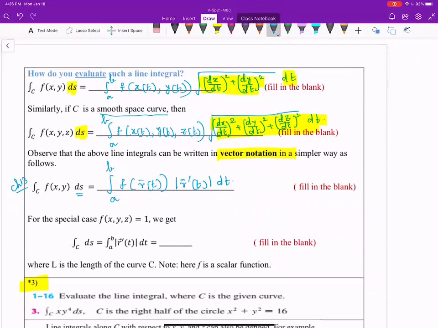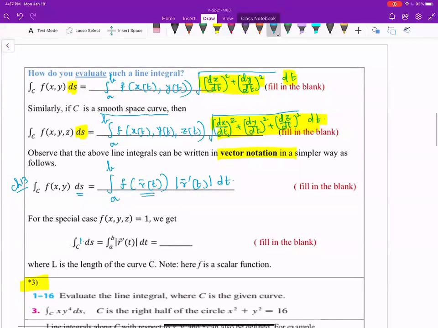For the special case f of x, y, z equal to 1, we get the integral over C of ds. So here the integrand is equal to 1, and it is just the integral from a to b of the length of r prime of t, dt. That is the first derivative, the integral from a to b of the length of r prime of t, dt, which is nothing but the length of the curve.